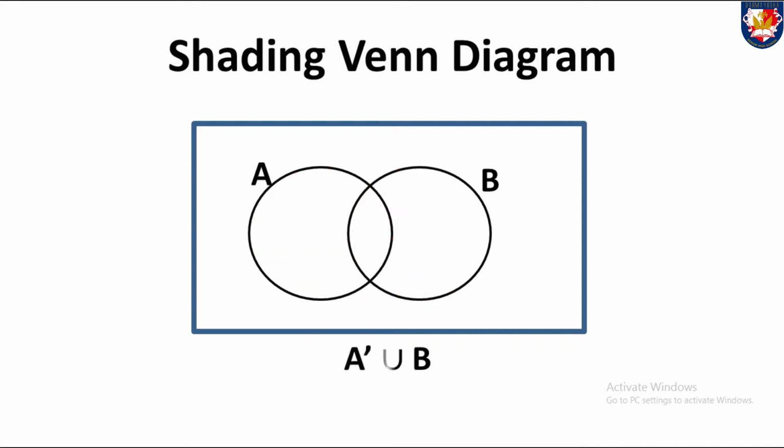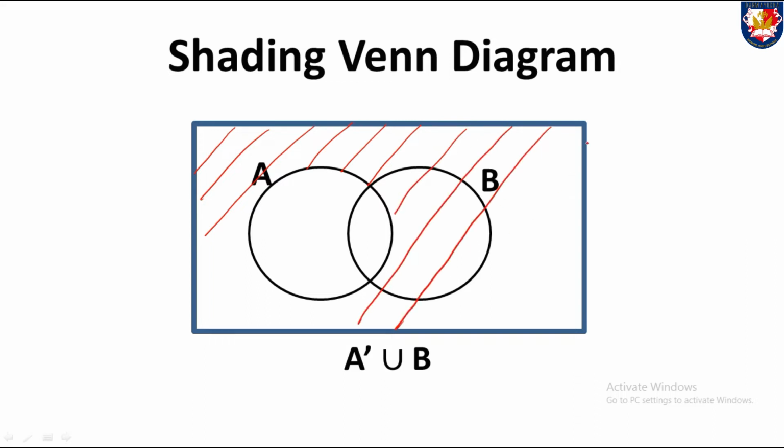So how about A complement union B? As I have told you before how to determine the area or the region of A complement, we shade all the area outside of A. First, we want to find the region or the area of A complement. We shade all the area outside of set A. So this is the area of A complement.